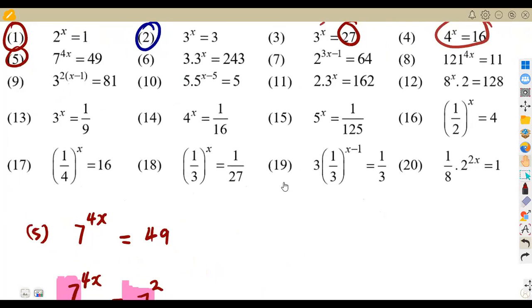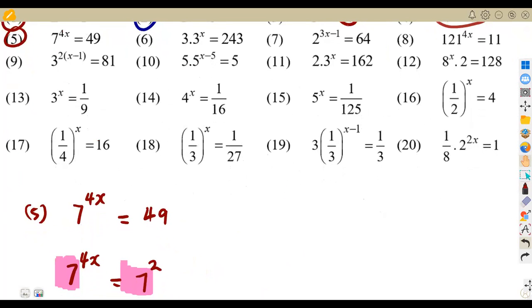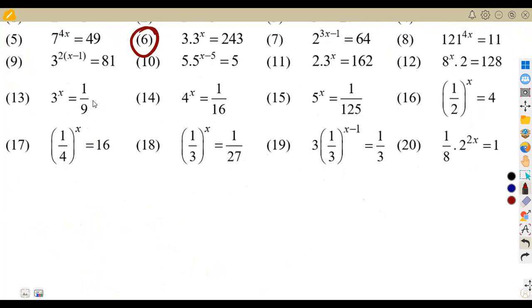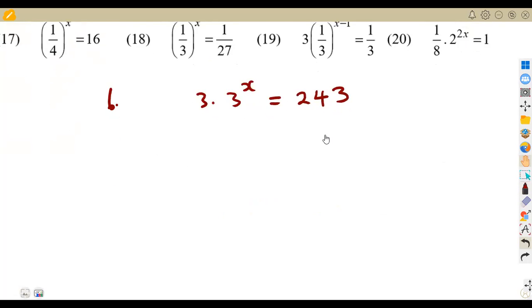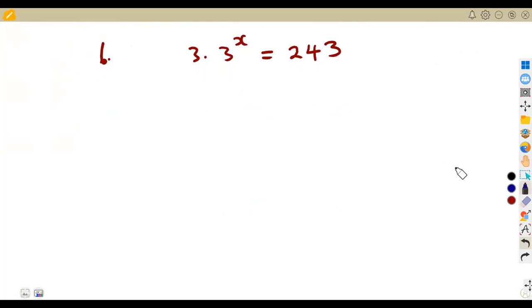All right, if you check on question number 6, they are just trying to confuse us a little bit here. We are given in this case 3 times 3 to the exponent of x, which is equal to 243. Already we can see a clue of the base that you're going to use, which is 3. 3 is a prime number.